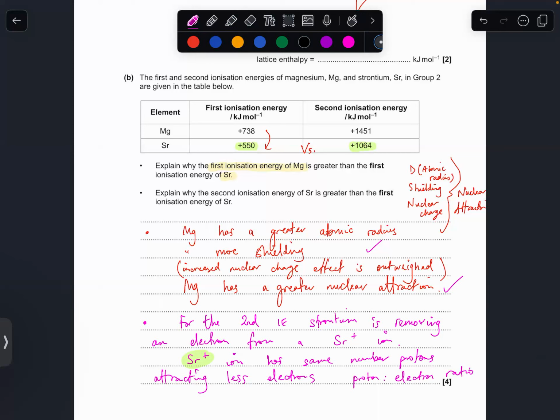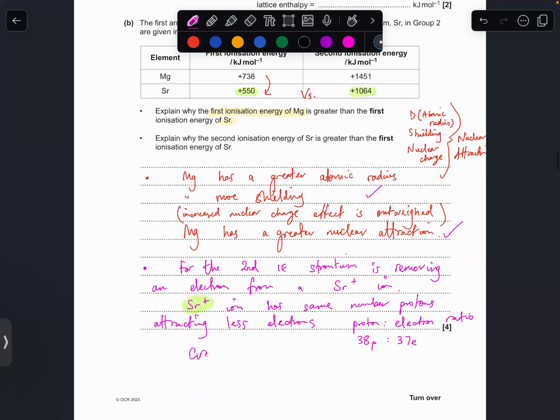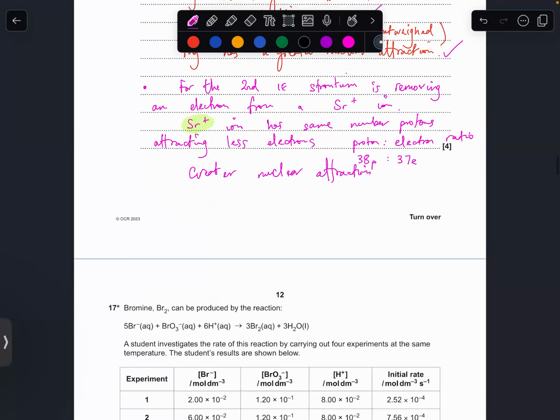The number of protons in strontium is 38, and the number of electrons is 1 less. So this is going to be greater than the atom, and that's why this gives you a greater nuclear attraction. And these are your 4 marks. See you next time.